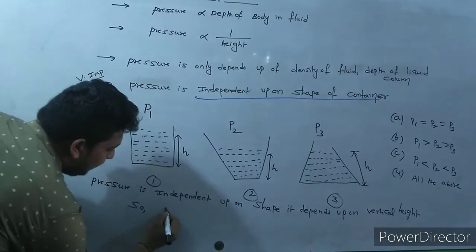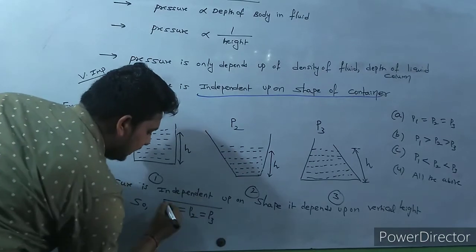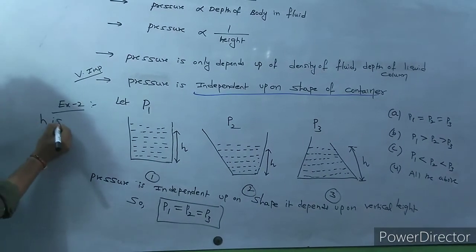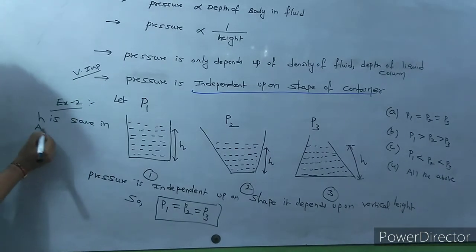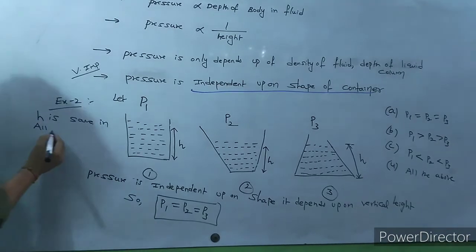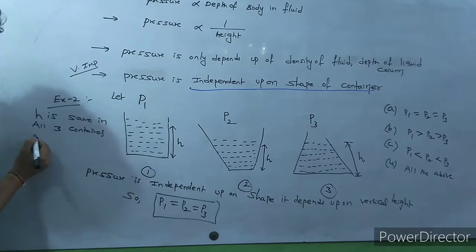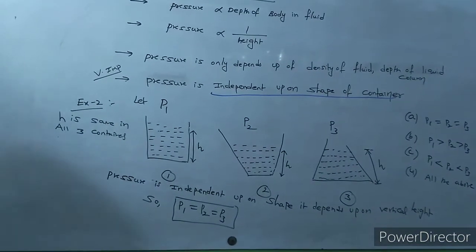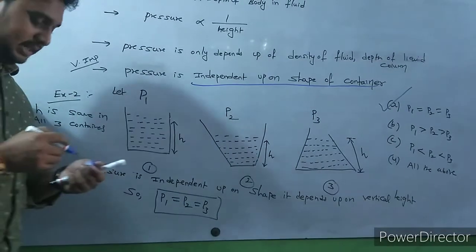So P1 is equal to P2 is equal to P3. Here the heights are the same. H is the same in all three containers. So all pressures are equal. So option A is correct.